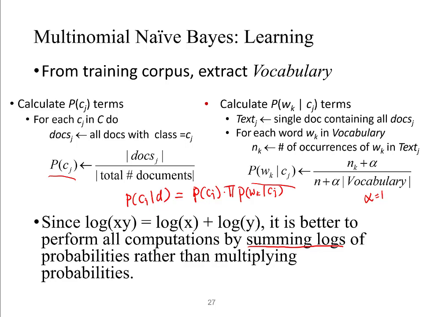So basically, when the number is too close to 0, you won't be able to distinguish them.